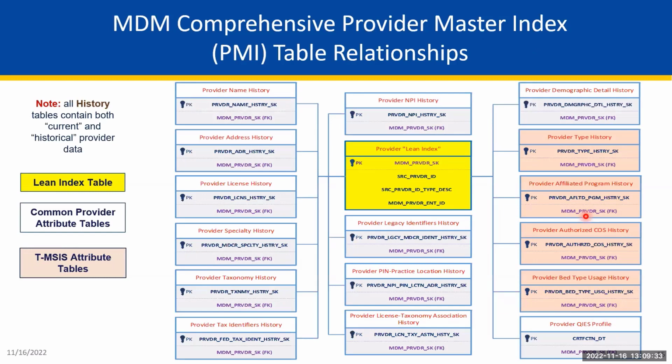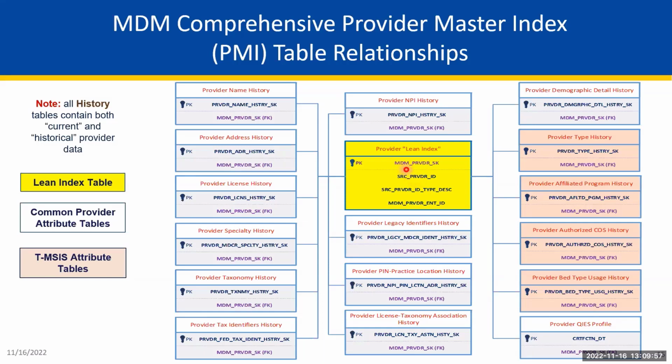Okay. This diagram illustrates the logical view of our PMI tables. All the tables are linked using our provider lane index table, which is highlighted in yellow. The provider lane index table is the central foundation table, which reflects the levels at which each source system stores its attributes.